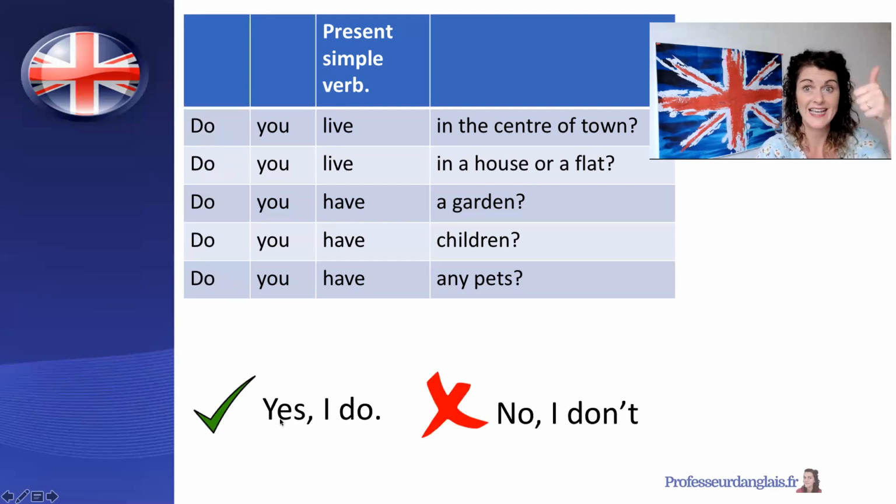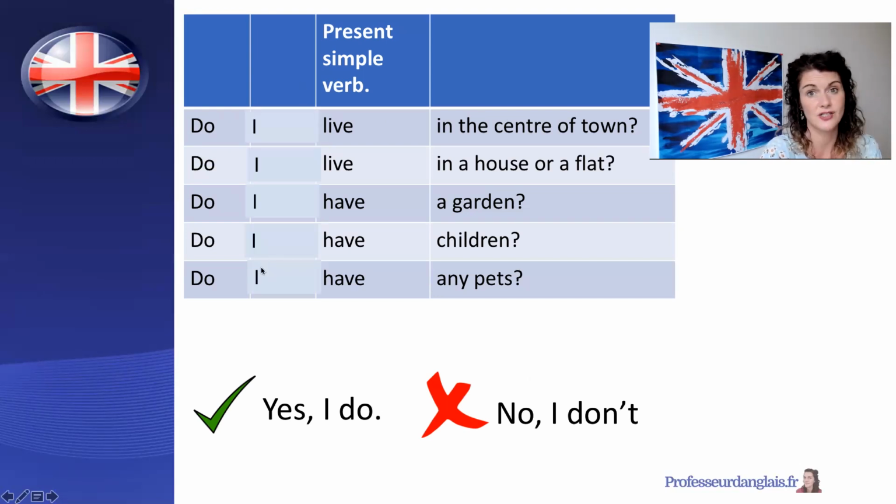We can say, yes, I do, or no, I don't. One more time, that's yes, I do, or no, I don't. Very good. So you can see again, we have the auxiliary verb, the subject, the present simple verb, and the rest of the phrase.